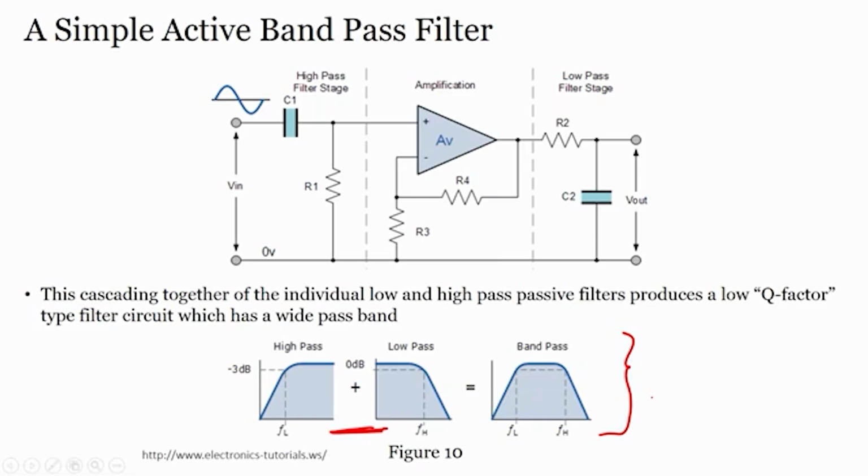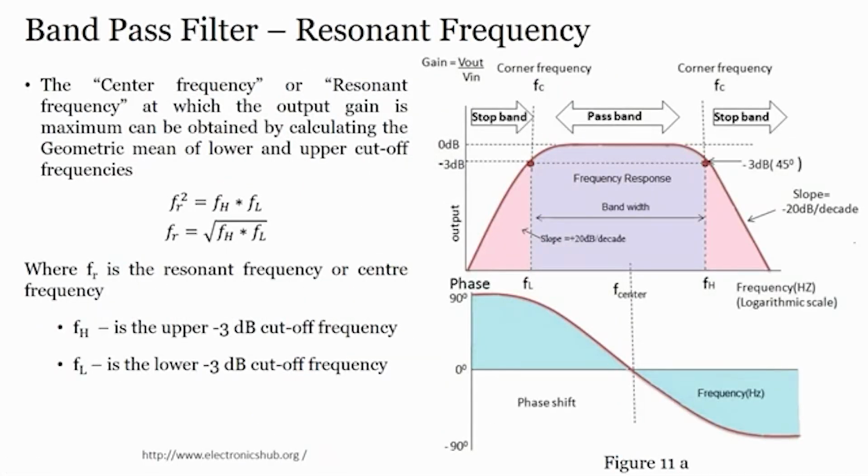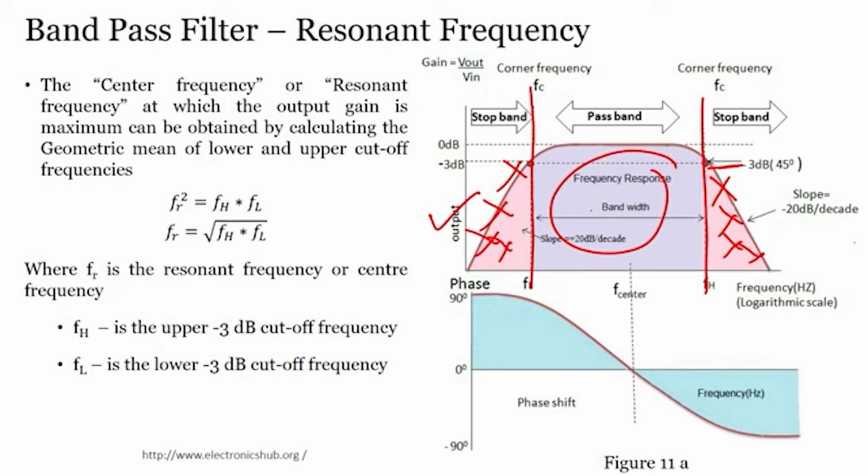Easy, extremely easy, right. Then let us see the resonant frequency. What is resonant frequency? Here you see when you have this kind of plot, there is an FL, there is an FH, right. Frequency above this will not be passed, 3 dB not allowed to be passed, frequency below this is not allowed to be passed, only this band of frequencies will be allowed to pass, that is why it is called the pass band.